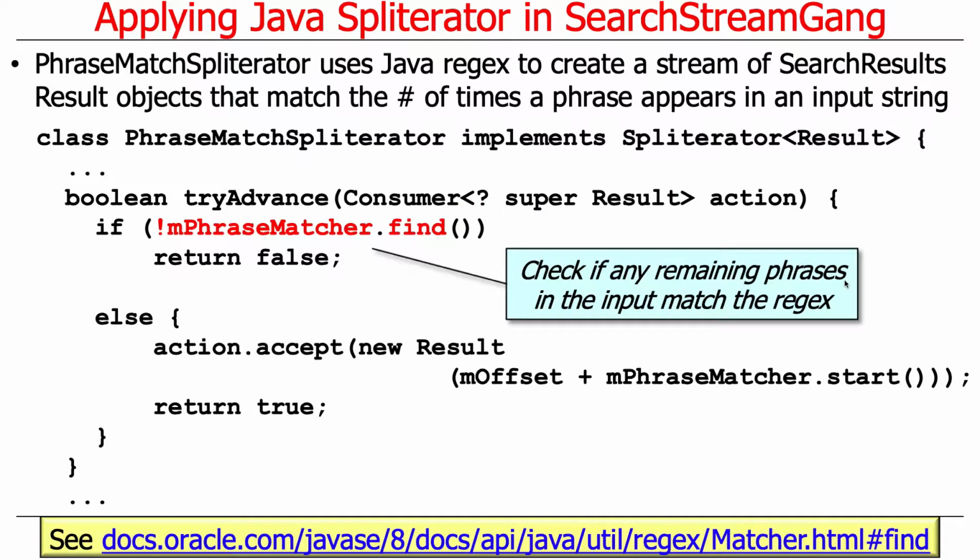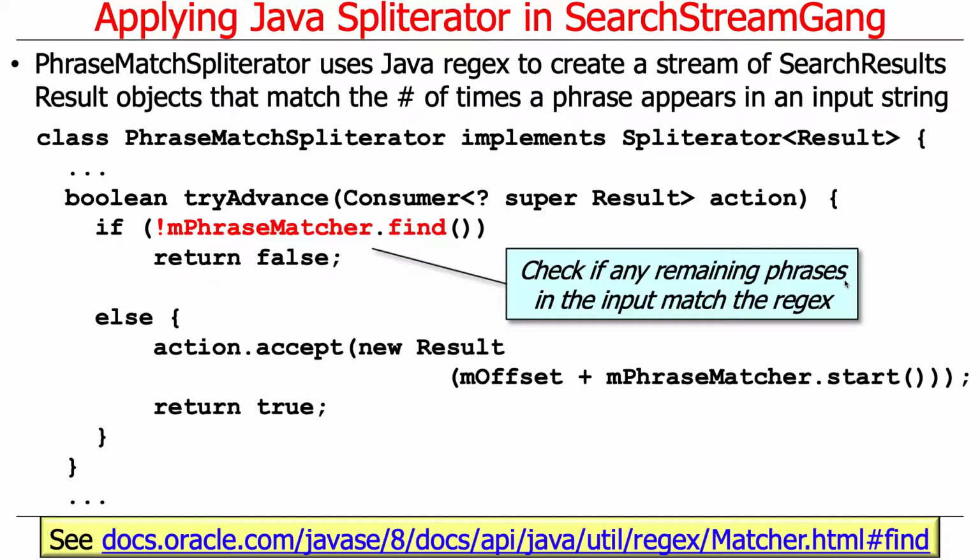The first thing it does is check to see if there are any phrases in the input that match the regular expression. The find method of the matcher class will start looking in the input from left to right, from the beginning towards the end. And if it can identify anything in that input string that matches the regular expression pattern, it will return true.